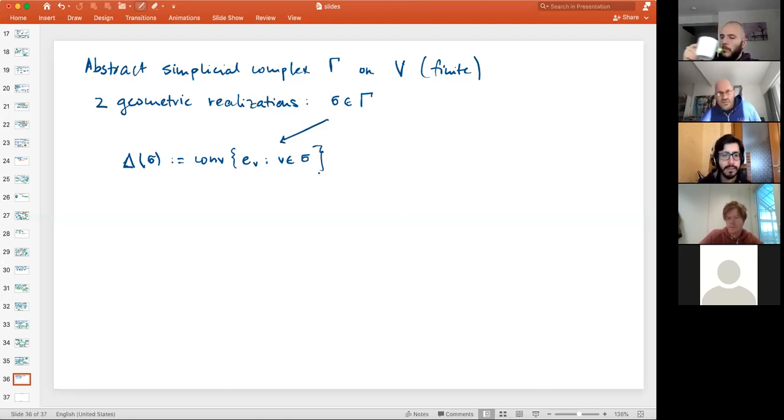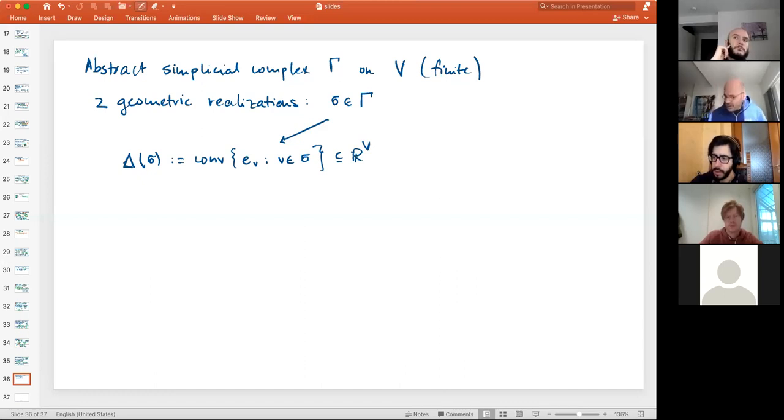This is the standard realization of a simplicial complex. It's expensive in the sense that I am in a high dimensional space, correct? This lives in R to the V. If V has many points, then some people spend a lot of time trying to find geometric realizations that are lower dimensional.